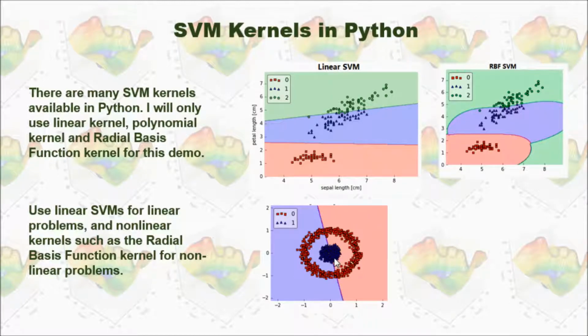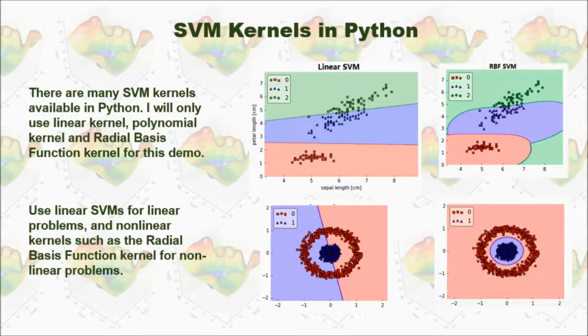And if we use linear SVM, there's no way to separate them successfully. Under this condition, we need to use nonlinear SVM. For example, we can use RBF SVM and then separate them using this circle. So within the circle is group 1, outside the circle is group 2.